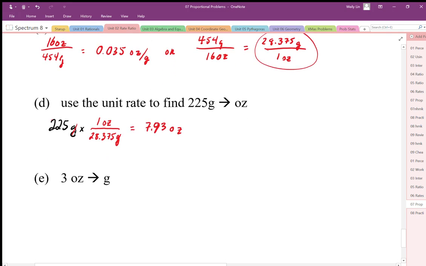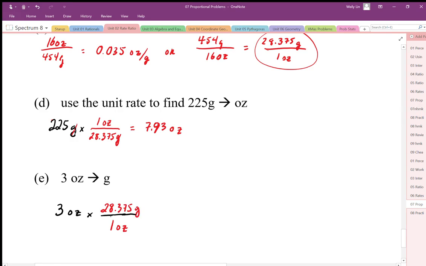So here we're going to start with 3 ounces, and I want to convert it into grams. So 3 ounces times, my unit rate needs to have the ounces on the bottom. So I'm going to have 1 ounce on the bottom, times 28.375 grams on top.